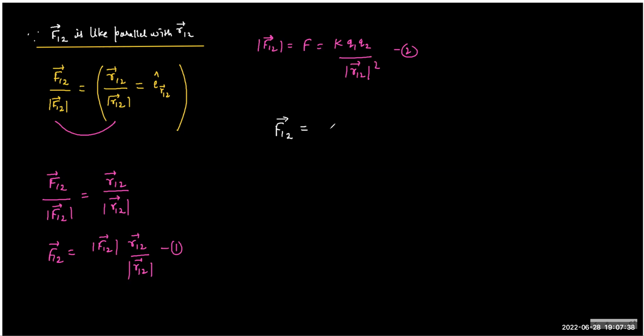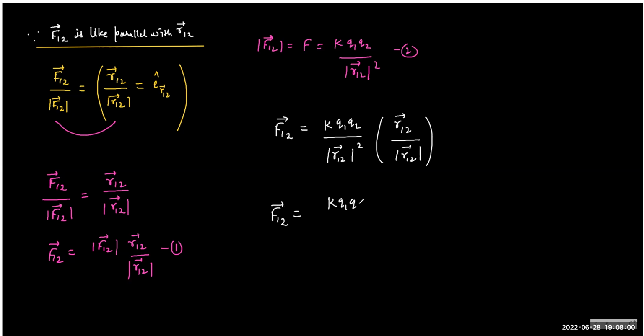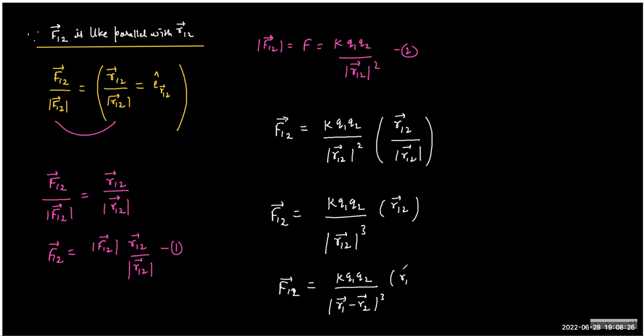F12 turns out to be K Q1 Q2 upon the separation square into vector R upon the magnitude, which we can eventually rewrite as, and this you can further expand as, because what is actually known to us is the position vector with respect to the origin.